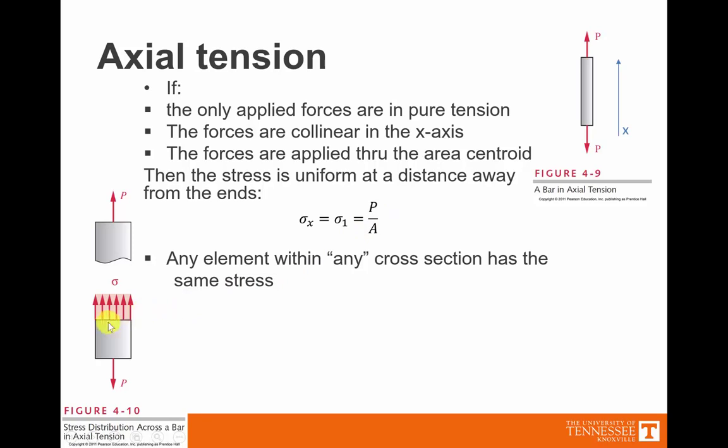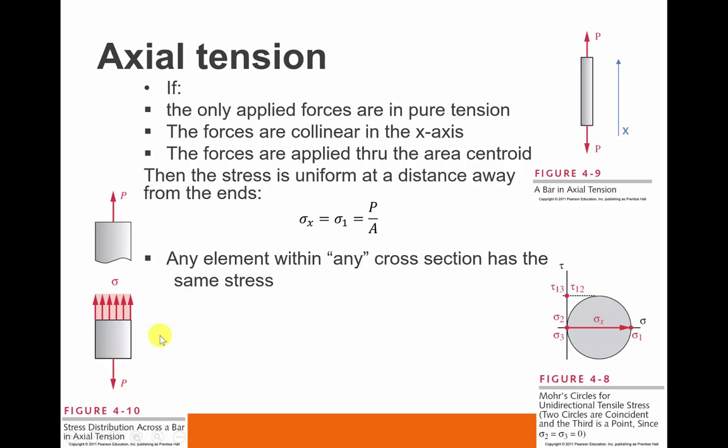And any cross-sectional element that we make will have that distribution. In other words, this little infinitesimal spot has the same load as this one, which has the same load as this one, and all the way into the page across the cross-section, as long as we stay relatively far enough away from the end to handle any kind of weird conditions as the force is being distributed to the load.